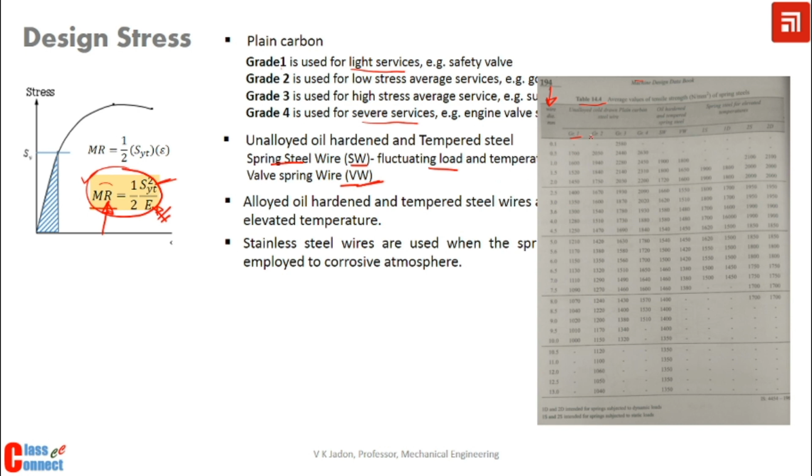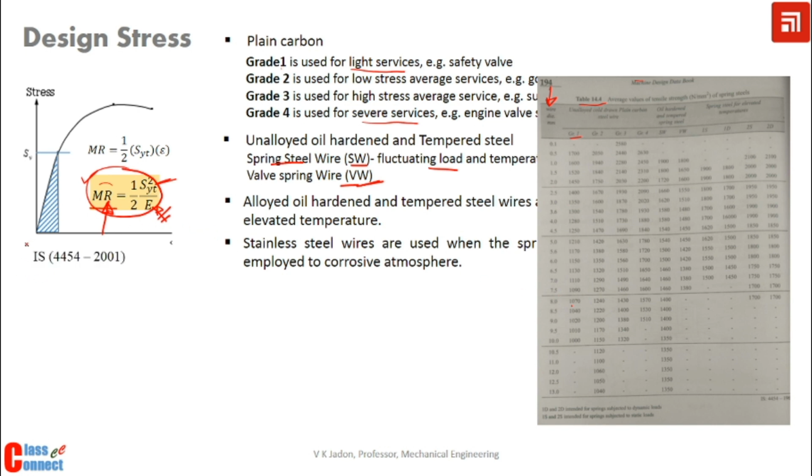And the ultimate strength, if you see, reduces as the diameter of wire increases, and this is because a larger wire diameter means there are more chances of flaws and defects, so that reduces the ultimate strength of the spring wire.